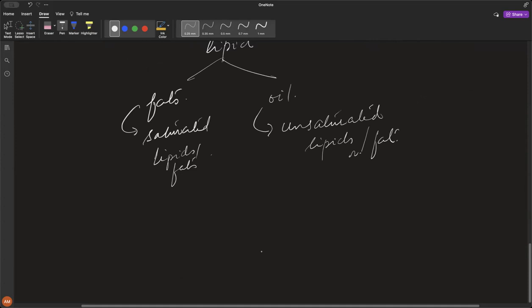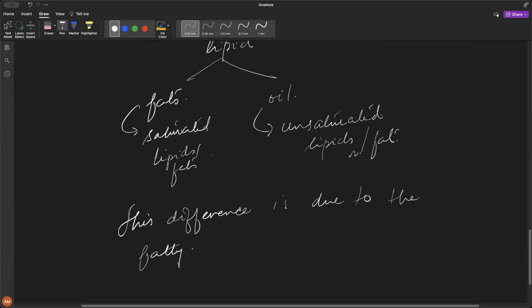that this difference is due to the fatty acid chains attached in each of the molecule, right? It's about the fatty acid chain that is there.